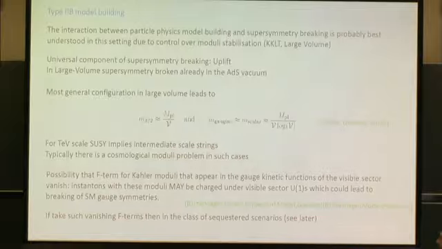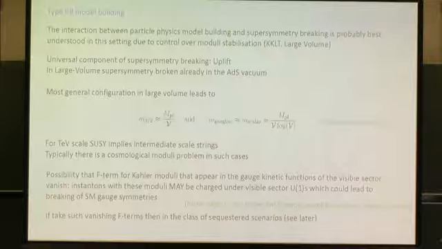I think this is a good place to start because, in my opinion, the interaction between particle physics model building and supersymmetry breaking is probably best understood in this setting, and that is because we have good control over moduli stabilization, which is a prerequisite to understanding supersymmetry breaking. And there are in some sense two generic sources of supersymmetry breaking in these kinds of models.